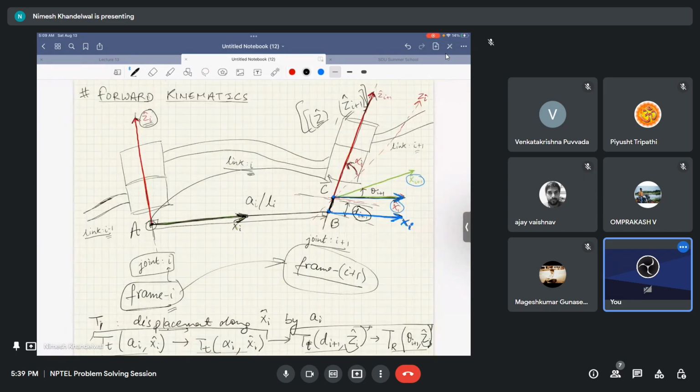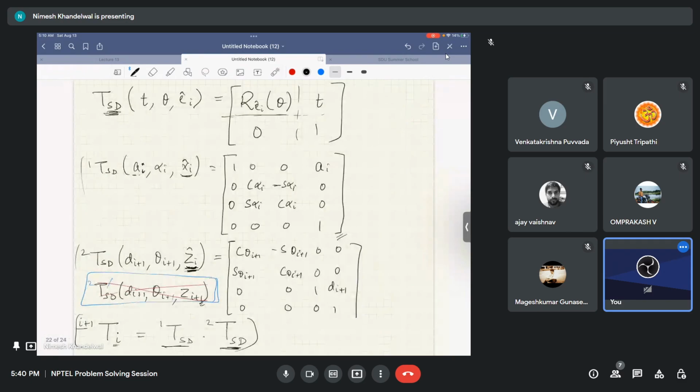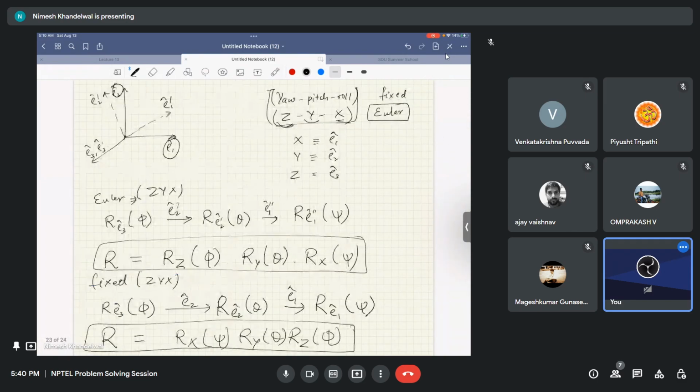You understand what it takes to go from frame I to frame I plus 1, what the basic transformations are that you will need, and then you just multiply those. Okay, so now is there any doubt, is what I would like to know first.